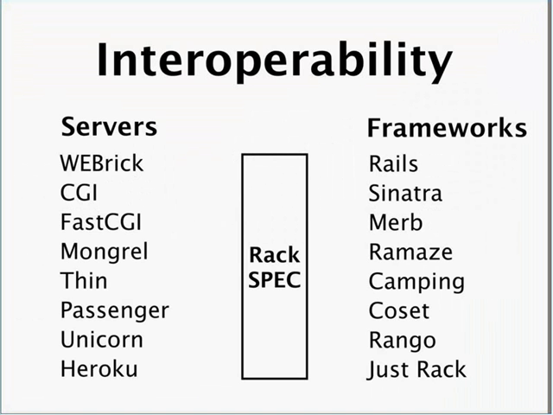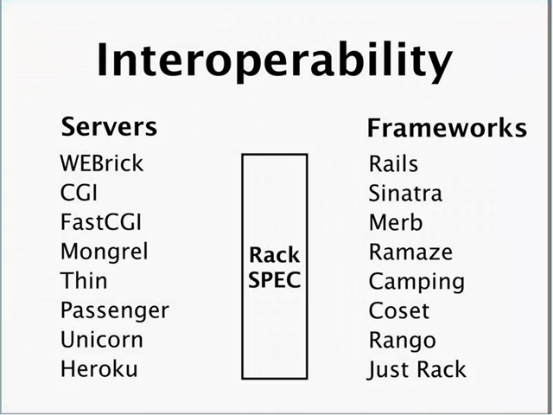One of those benefits is interoperability between servers and frameworks. And early on in the history of Rack, this is what really let Rack infiltrate everything. This snuck Rack in through the back door. This idea that all server environments would work with all frameworks. And if you're familiar with the history of Rails, you'll know that there's really been sort of an upgrade treadmill with servers.